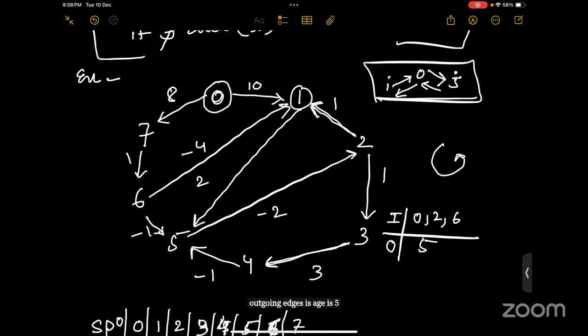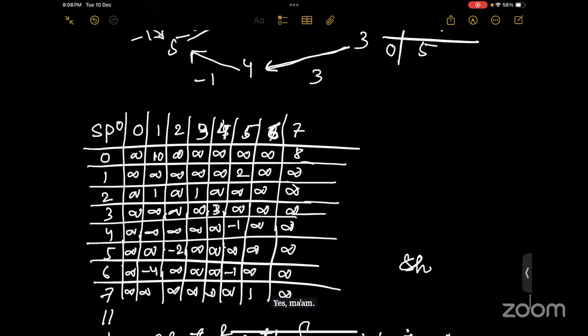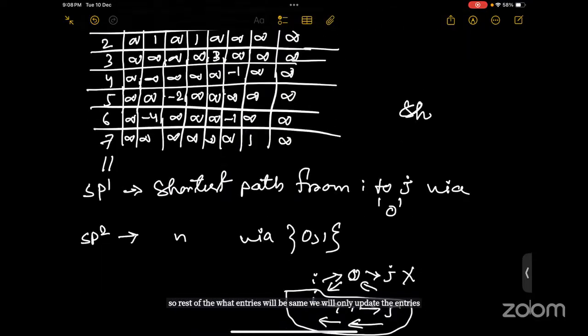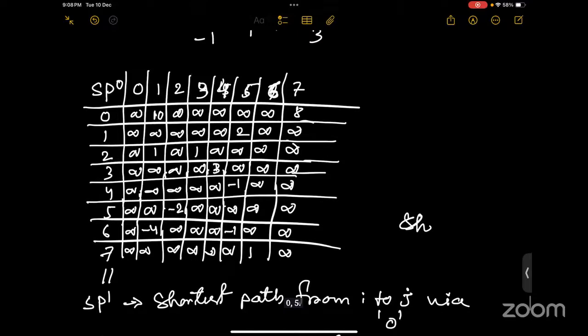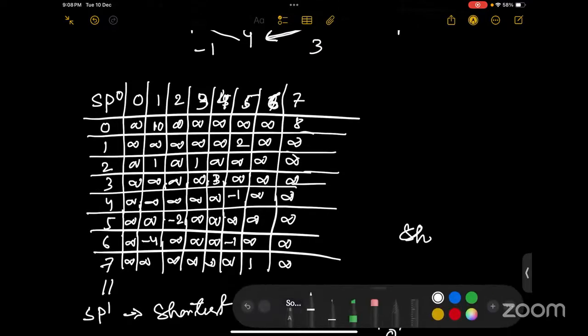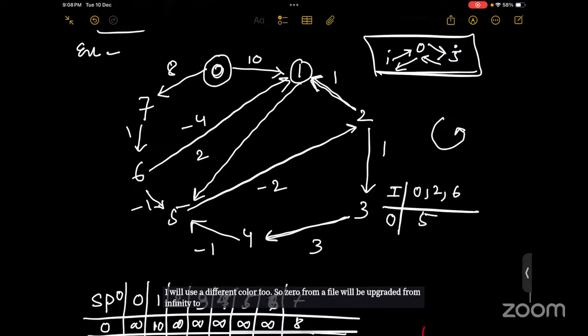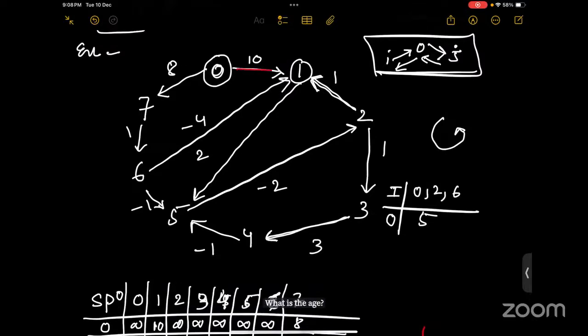So rest of the entries will be same. We will only update the entry 0, 5. I will use a different color here. So 0, 5 will be updated from infinity to, what is the edge, 10 plus 2, 12, right?